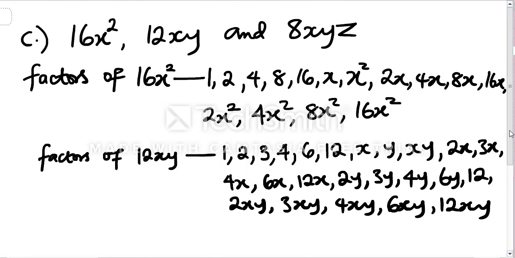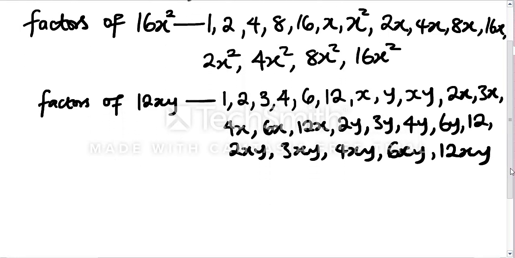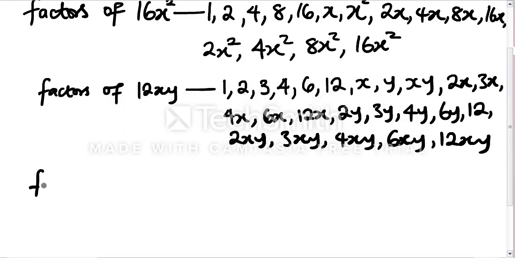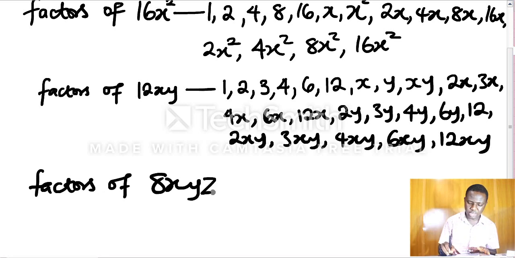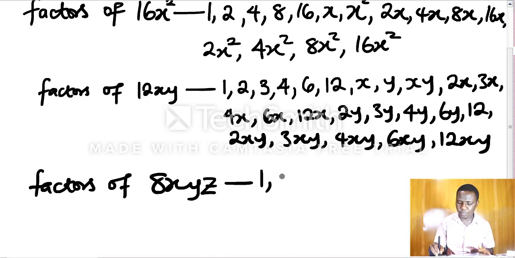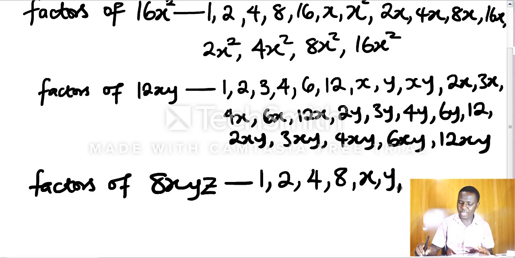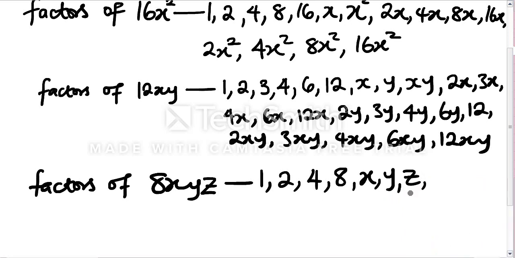Next is to get the factors of 8xyz. So factors of 8xyz will include factors of 8. We have 1, 2, 4, and 8. Factors of xyz includes x, y, z.